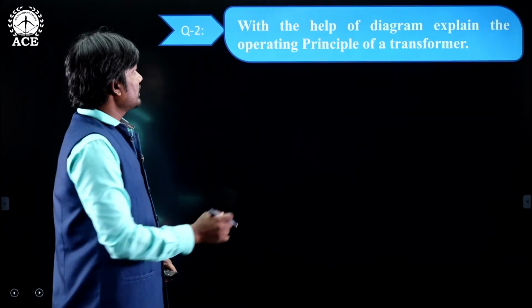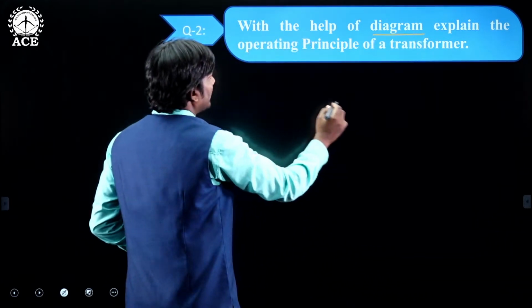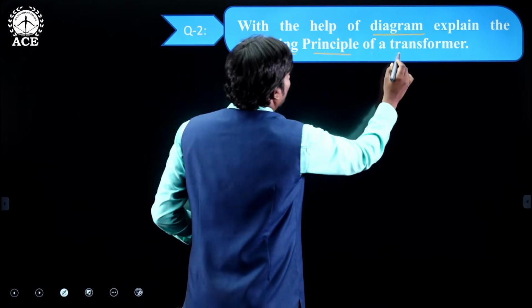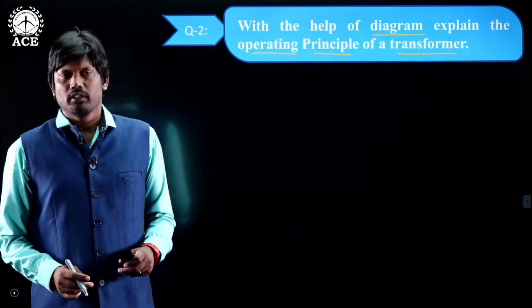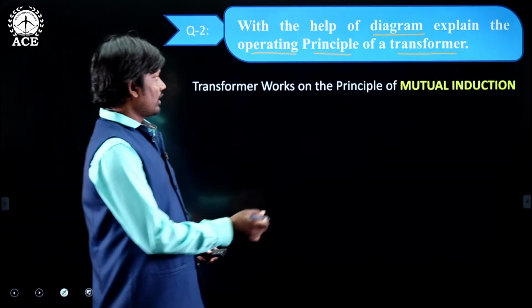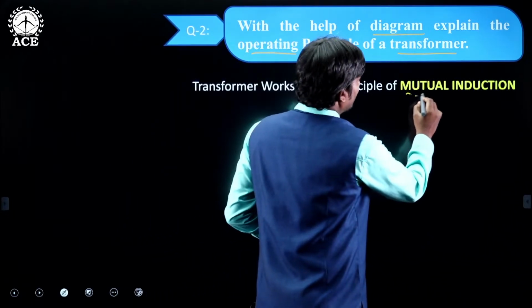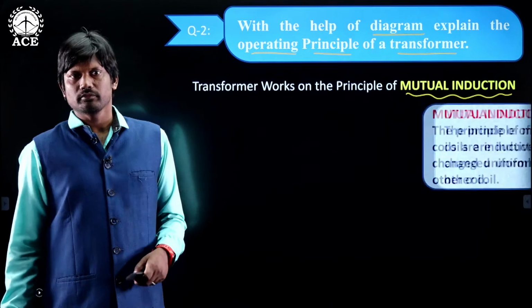The second question is, with the help of a diagram, explain the operating principle of a transformer. A transformer works on the principle of mutual induction. So what is mutual induction?